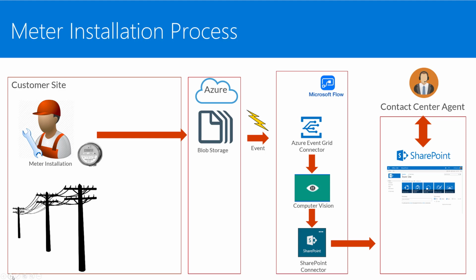We had to store these images of the old and new meters, and we did that in SharePoint. The idea was that we would populate SharePoint with this metadata and the images, and should someone call in to complain about their bill, the contact center agent would have the ability to look that up and bring up both images in real time and validate that their meter reads are in fact correct.